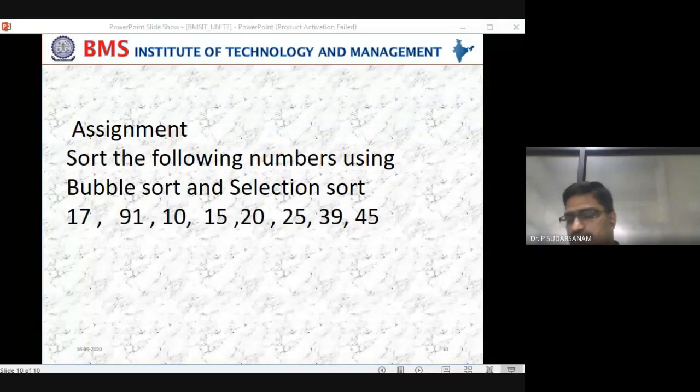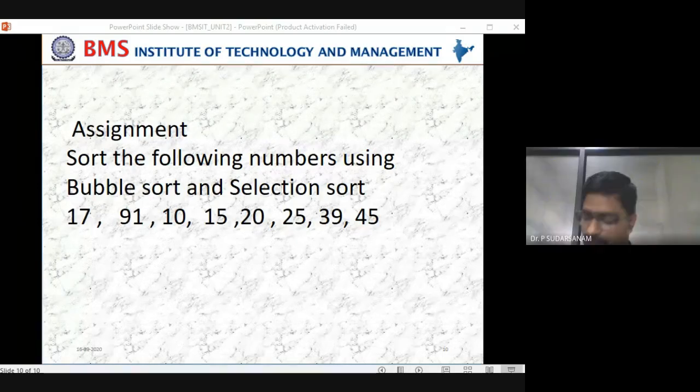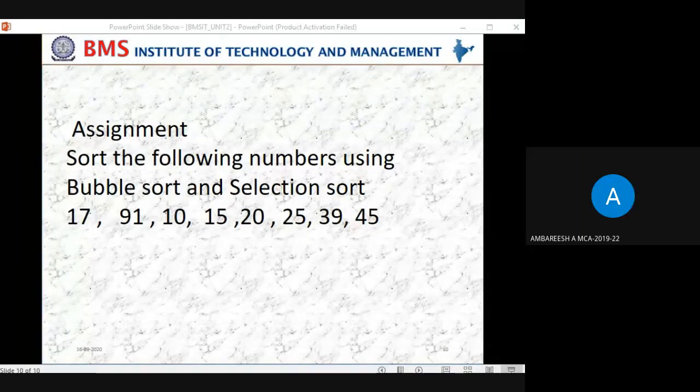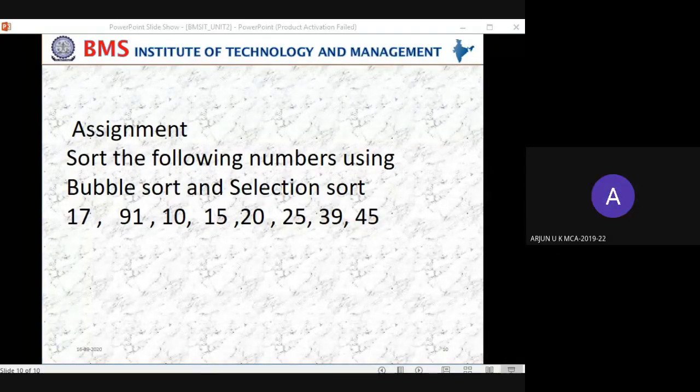Answer your attendance. What is the number today? 1, present, sir. 2, present, sir. 3. Aishwarya? Present, sir. 4, present, sir. 5, present, sir. Continue. 6, present, sir. 8, present, sir. Arjun.